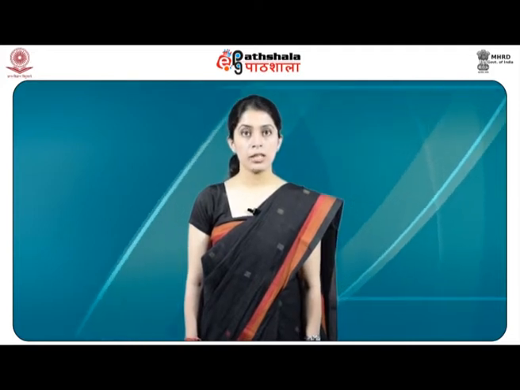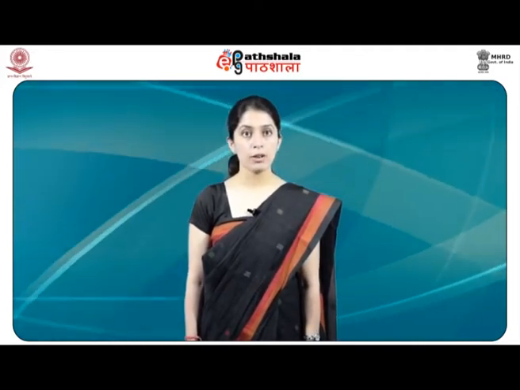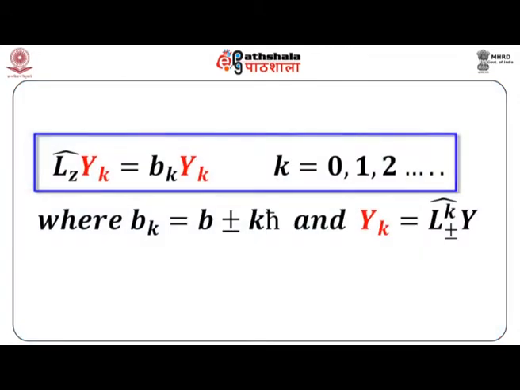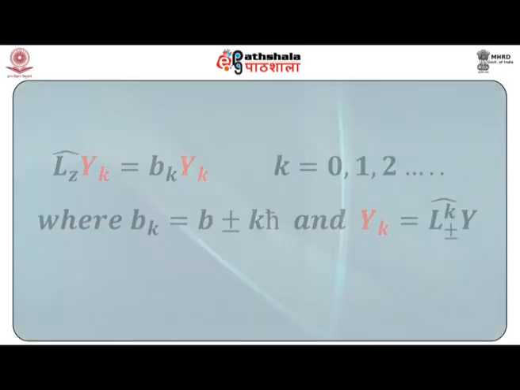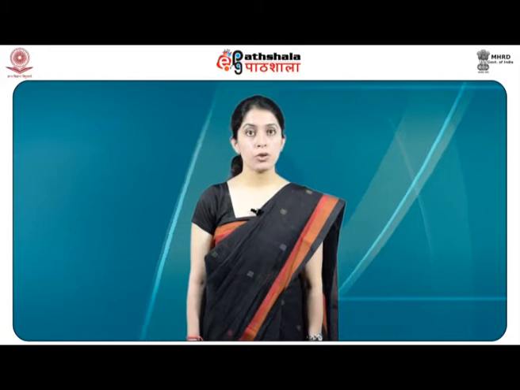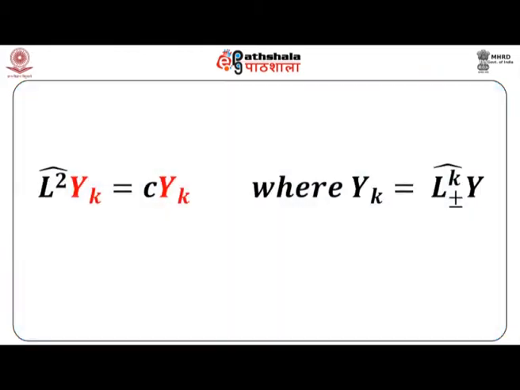The eigenvalues obtained for Lz are of the form Lz ψk equals bk ψk, where k can take values 0, 1, 2 and so on, and bk is equal to b plus minus k h cross, and ψk refers to the operation of the raising or lowering operator, that is L plus minus to the power k on ψ. Now the eigenvalue equation for total angular momentum follows L square ψk equals c ψk, where ψk is equal to L plus minus to the power k ψ.